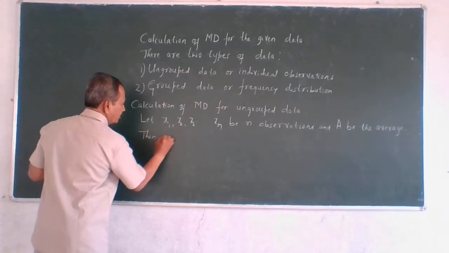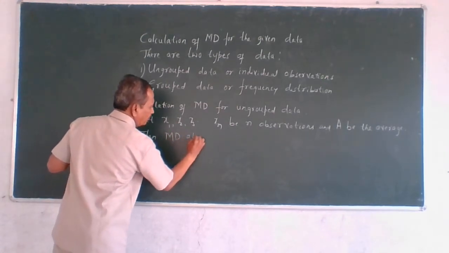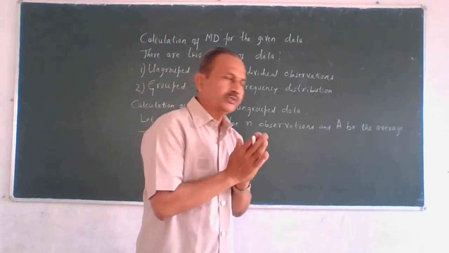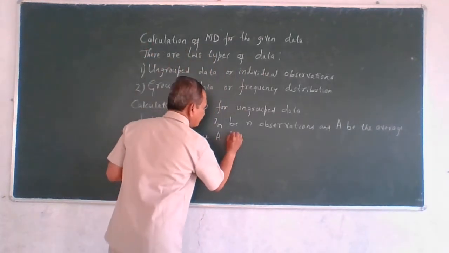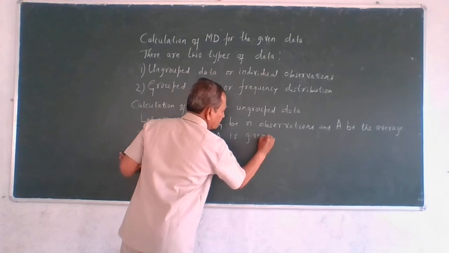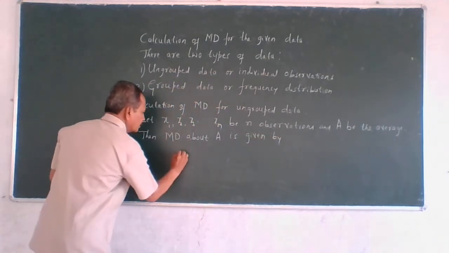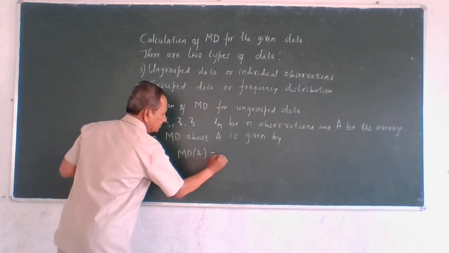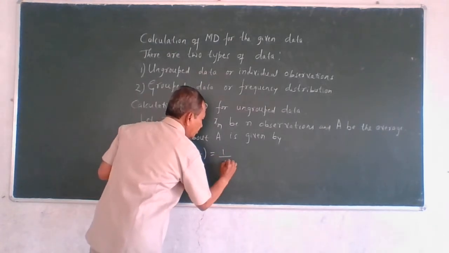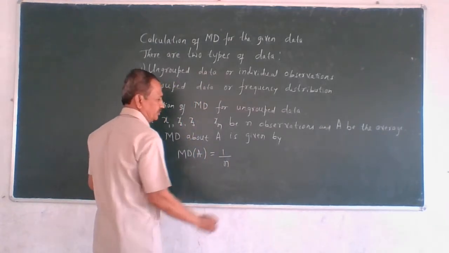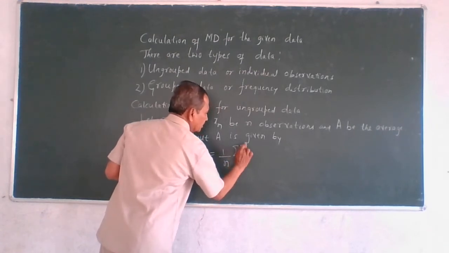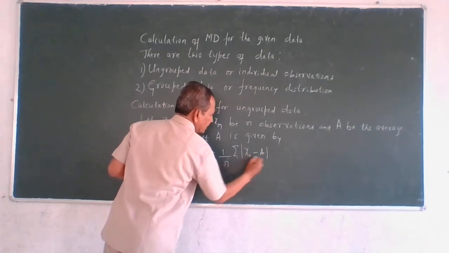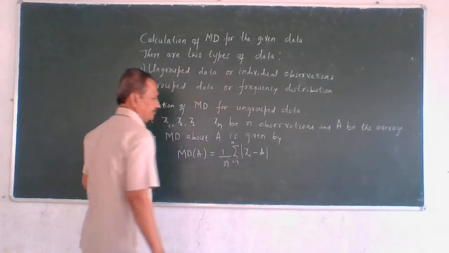Then mean deviation about this average A is given by: mean deviation about A is equal to 1 upon n, where n is the number of observations, into summation of modulus of xi minus A, i equal to 1 to n.